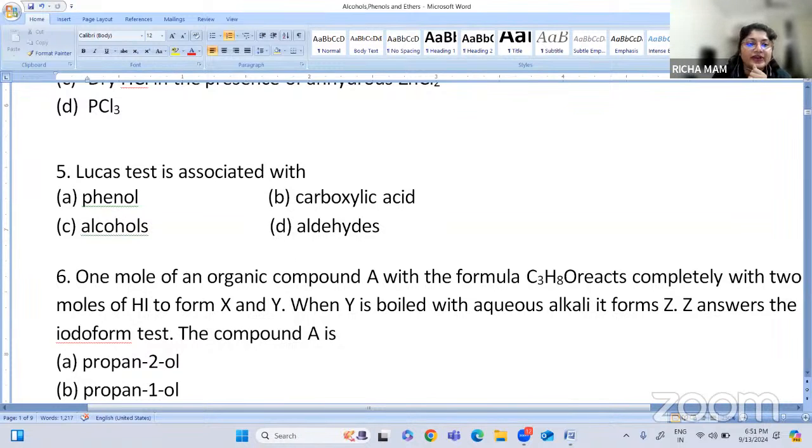Lucas test is also a very important test. It is a distinguishing test. Okay, Lucas test. What is a Lucas reagent? Lucas reagent. Yes. Concentrated HCl.